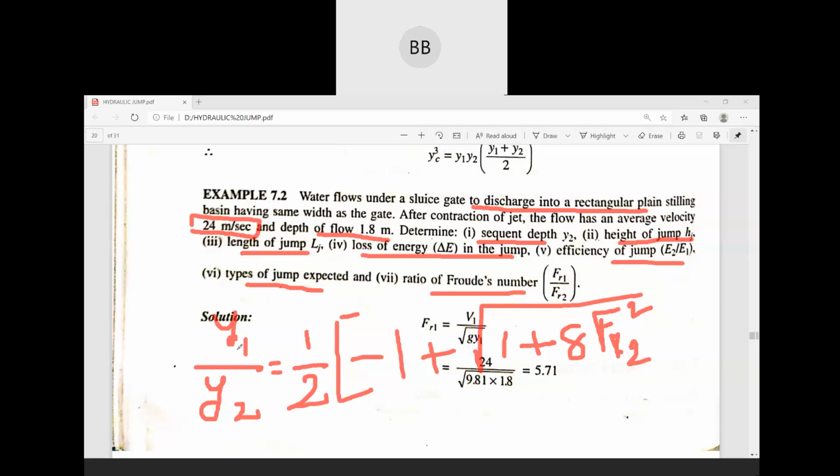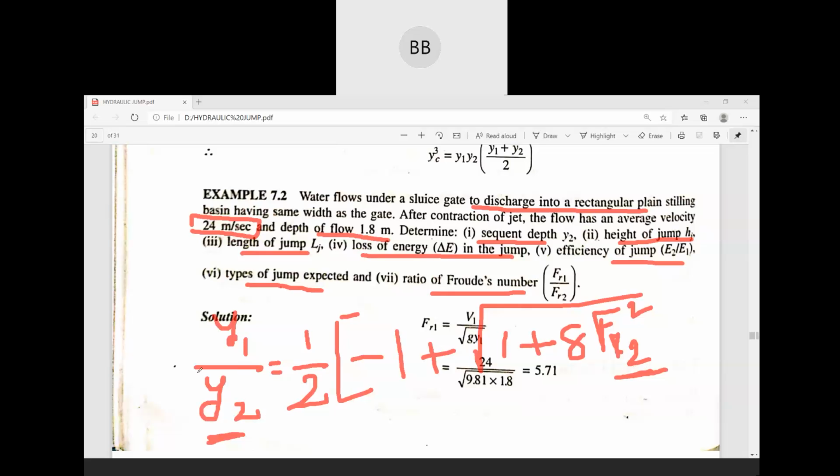So this is the equation. If you put y2 at the denominator, here will be Fr2. Now we have to find out the y2 value. Unless you have the y2 value, you cannot find out the Fr2 value.